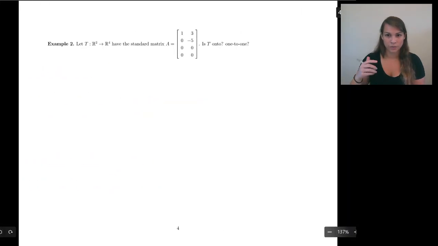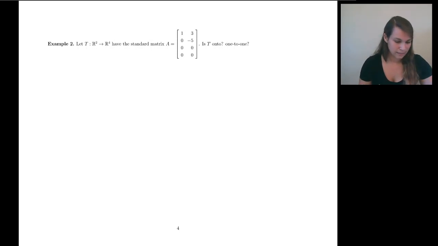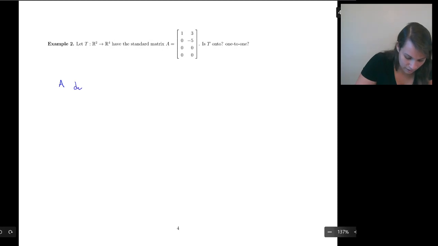Let's go ahead and do it again. Now we have a different matrix. We're going to go from R2 to R4, and we want to know, is T onto or one-to-one? Same idea. We're going for onto first. A doesn't have pivots in every row.